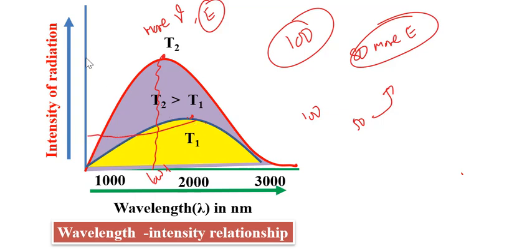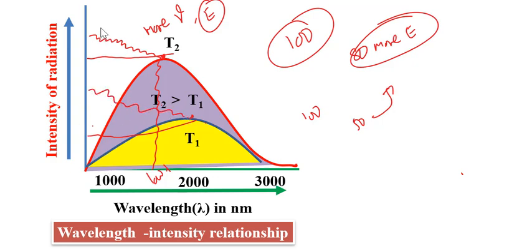So this thing could not be explained by wave nature. According to wave nature, if more energy is there, the intensity will be more. Here actually there is more energy, so more energy means the intensity should be more. The graph should come like this according to wave nature, but the graph is coming like this.